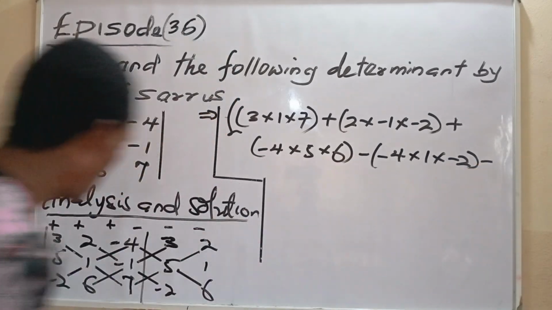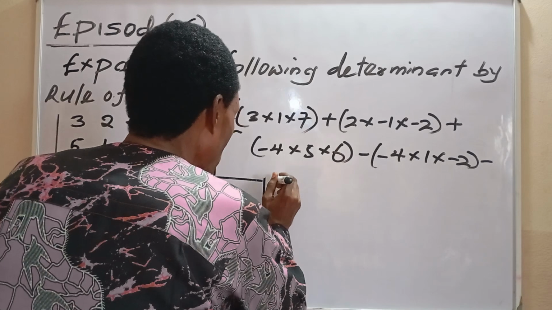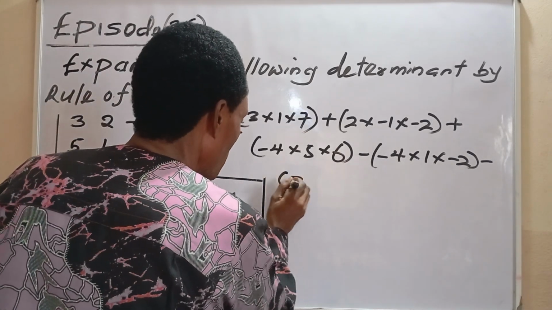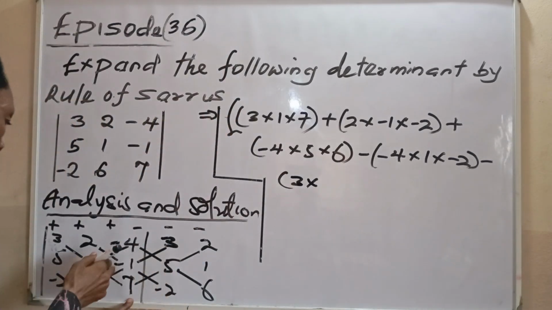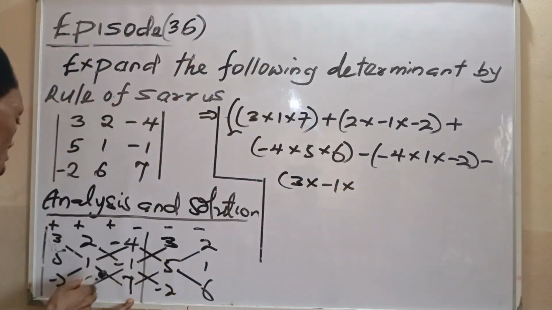Then minus, open bracket, minus 4 times 1 times minus 2. Then minus again, open bracket and close: 3 times minus 1 times 6.